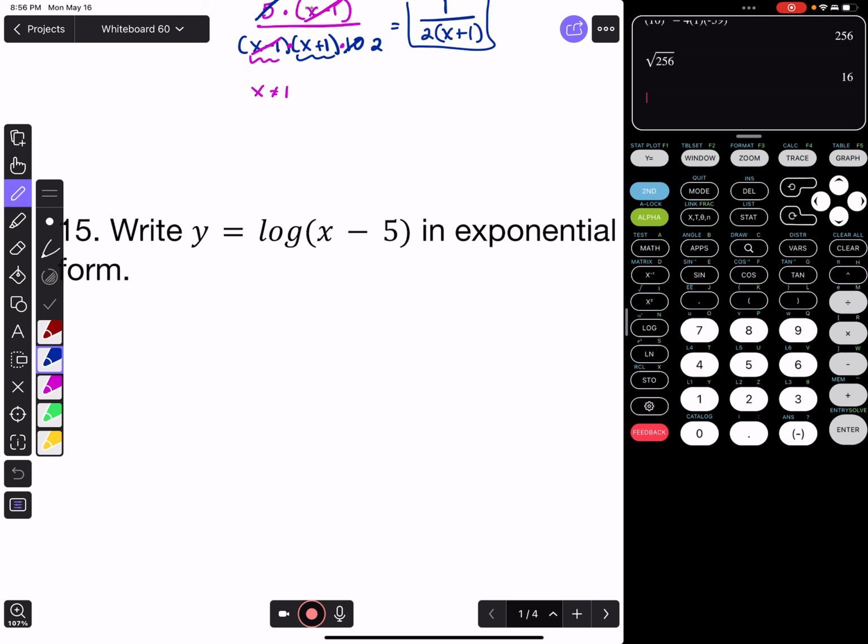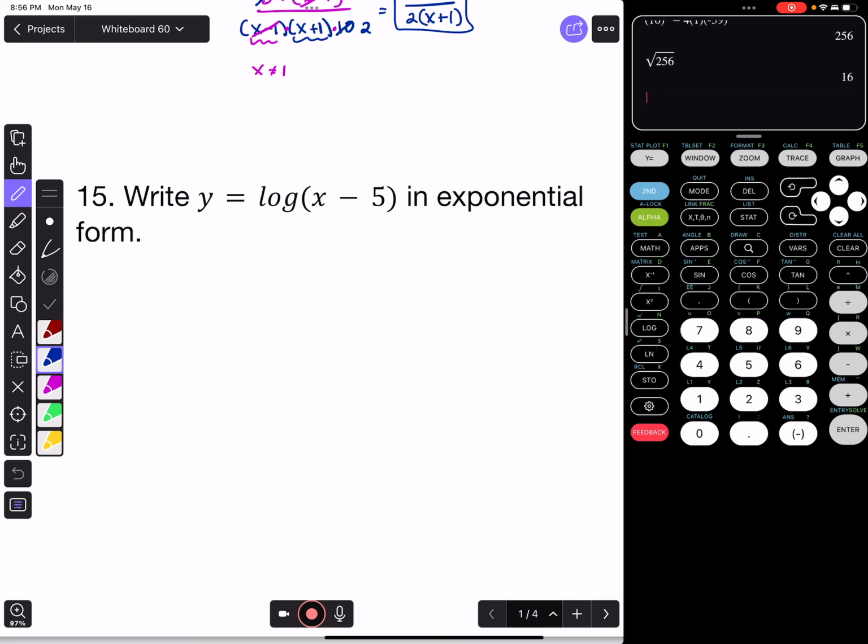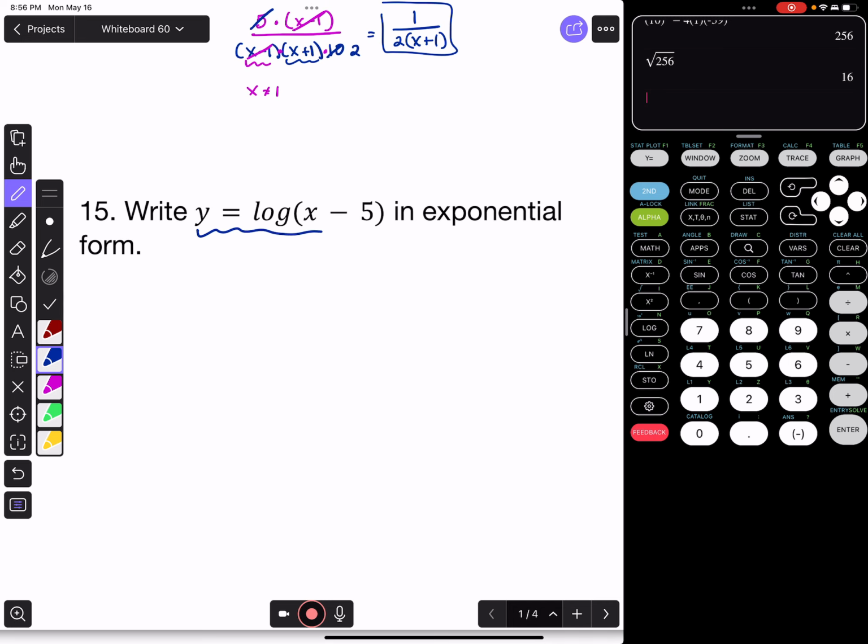And number 15. Now 15, you would not know how to do this unless you watch this video or pay attention to class or look it up. These are pretty easy. Write this expression in exponent form. So what you need to understand, in brief summary, is that if I have something in what's called exponent form or exponential form, notice my x is up here in the exponent, I can change that into what is called logarithmic form by writing x equals log base b of y.